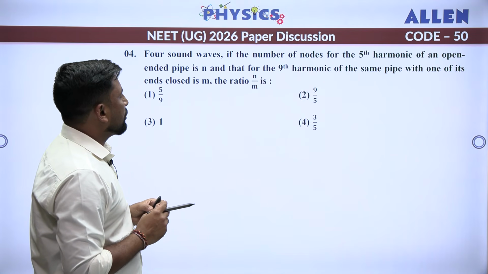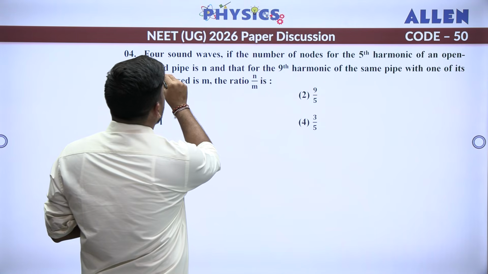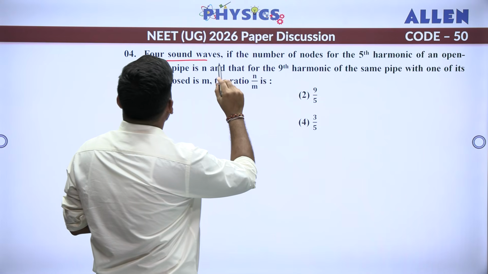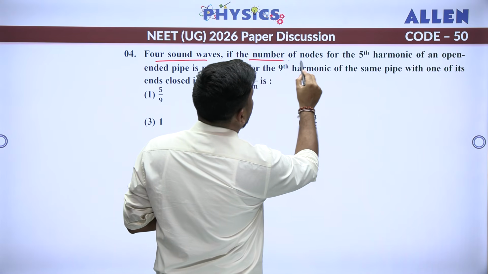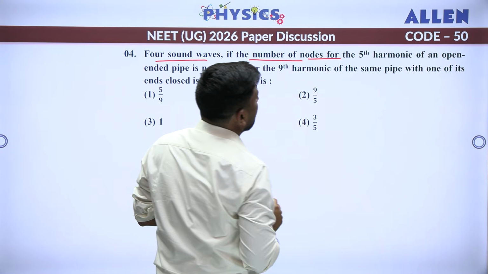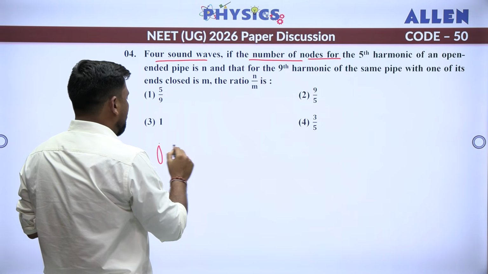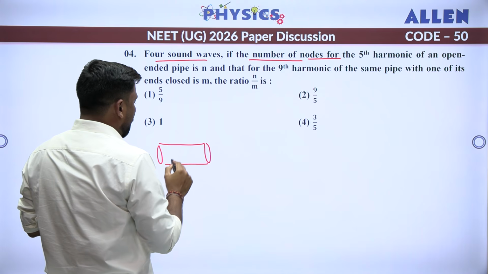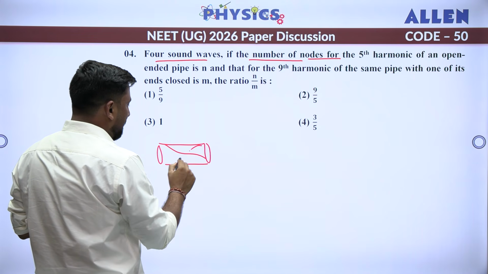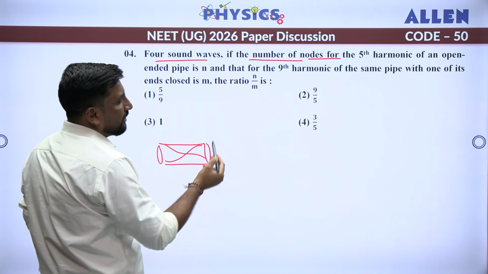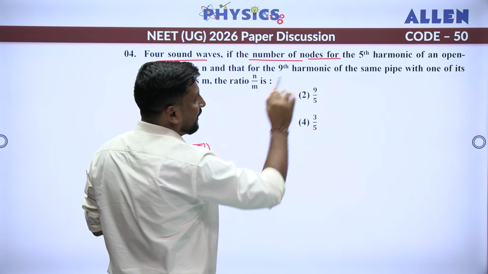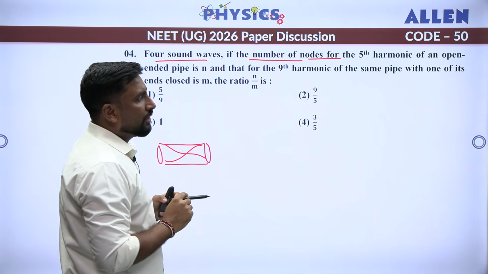Now let's move to question number 4. They are saying, for a sound wave, the number of nodes for the fifth harmonic in an open-end organ pipe. For open end, we know that for the first harmonic it is one node. So like this we can say for the nth harmonic, for the fifth harmonic it is the fifth one.